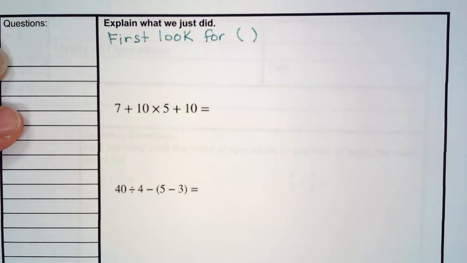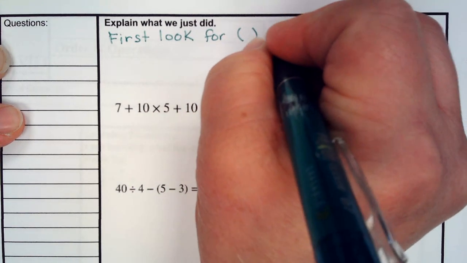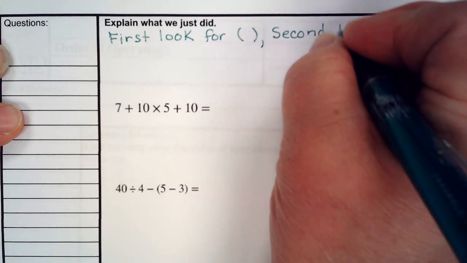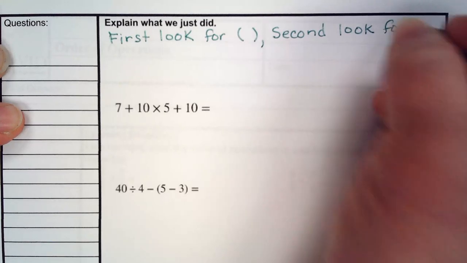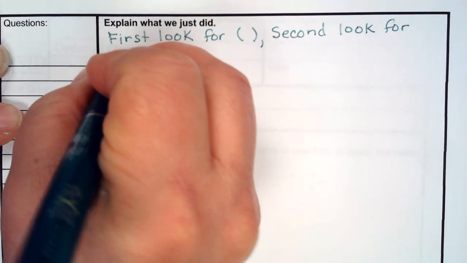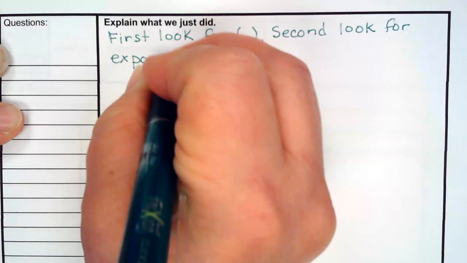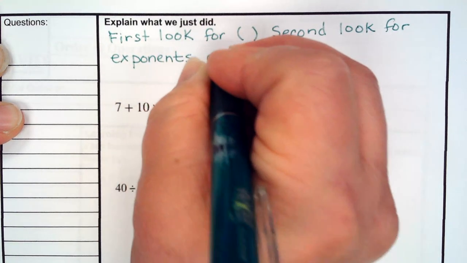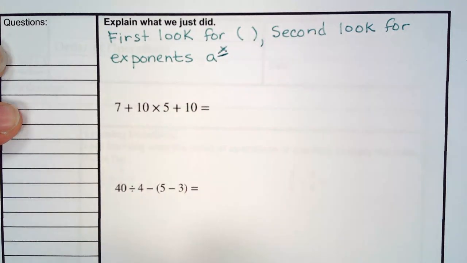First, look for those parentheses. Second, look for exponents. So if it's a to the x, this here is your exponent.